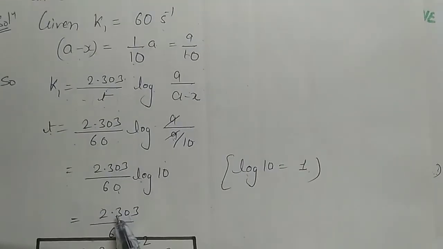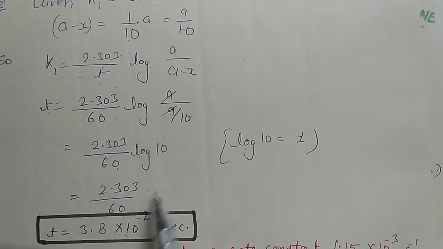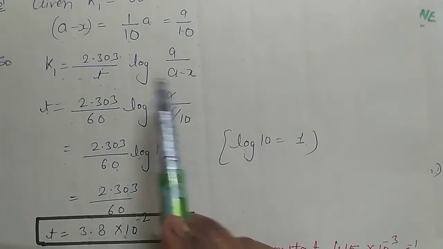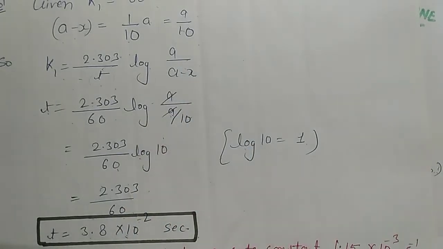So the value will be 2.303 upon 60, or we can say 3.8 into 10 to the power minus 2 second. Means in this time only 1/10 part of the initial concentration will be left.